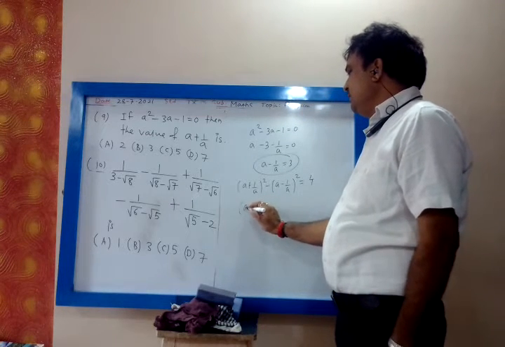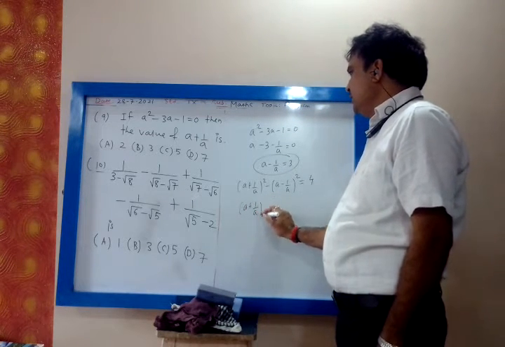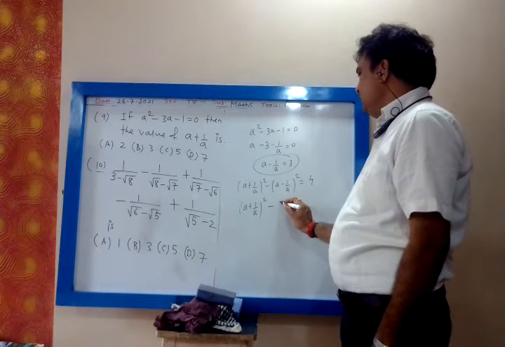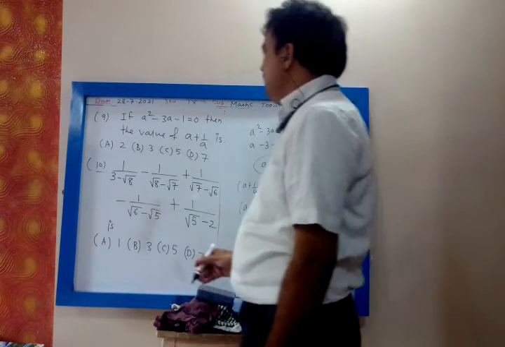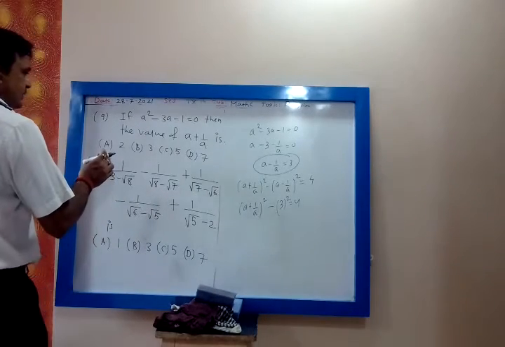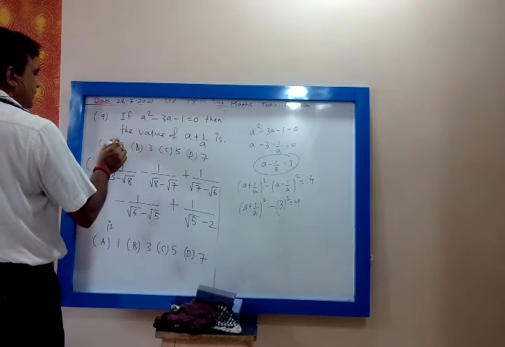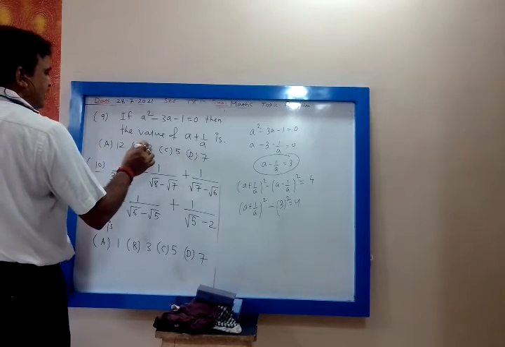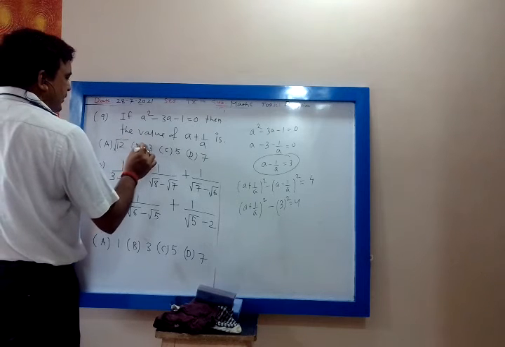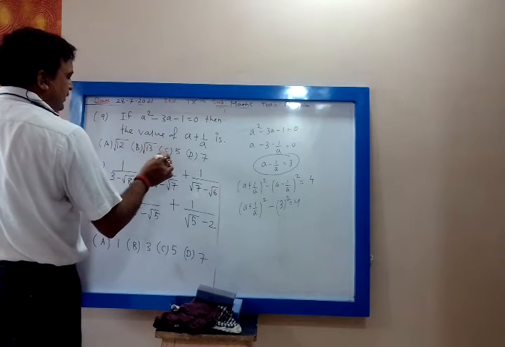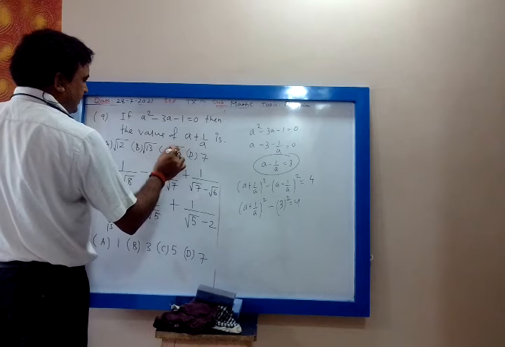So a plus 1 upon a whole square minus 3 square is 4. So plus minus, so this you write root 12 and this you write root 13. This you write root 15.